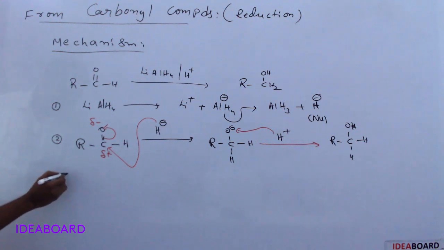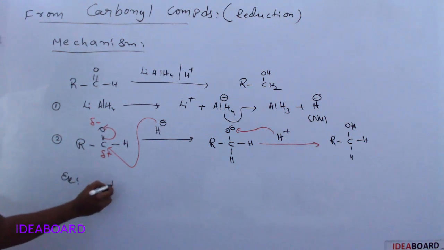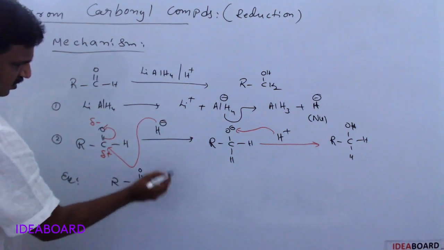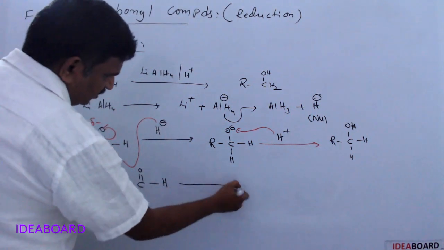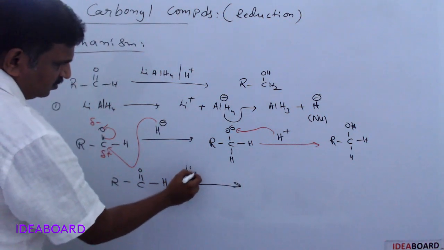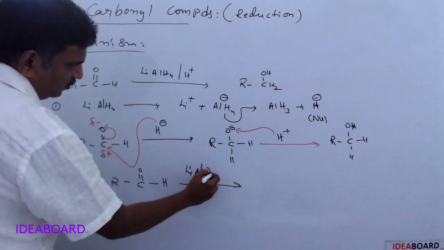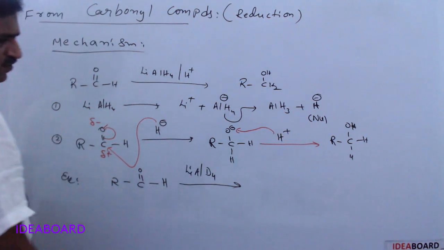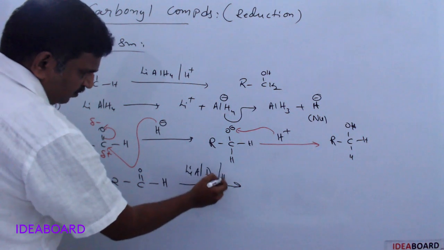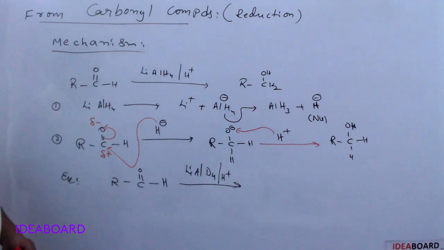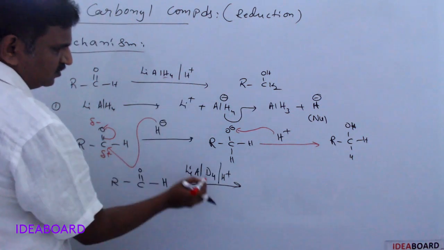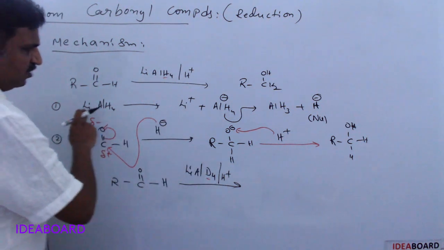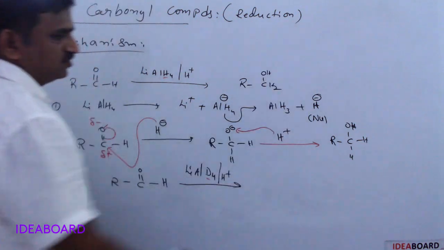Suppose we take another example, RCO and here H, but in this reaction they give lithium aluminum deuteride, not hydride, LiAlD4, followed by H plus. Then what happens? Instead of hydrogen, deuterium is given.